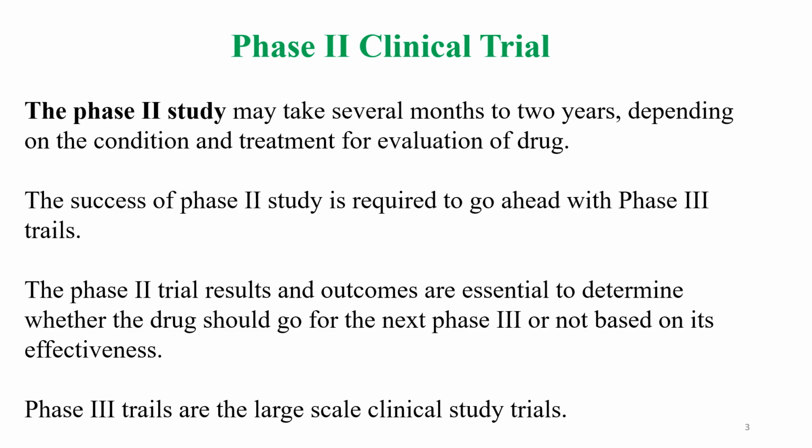Phase 2 clinical trials are performed in more subjects and participants than the phase 1 trials. The phase 2 results and outcomes are essential to determine whether the drug should go for the next phase, that is phase 3, or not, based on the effectiveness of the drug.